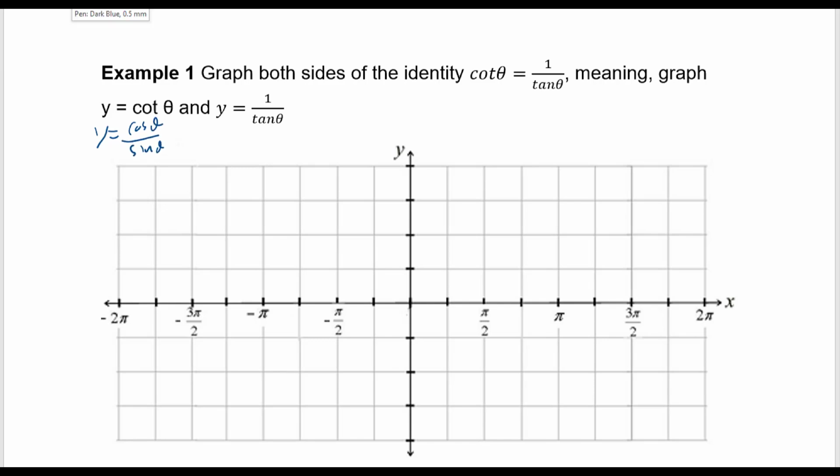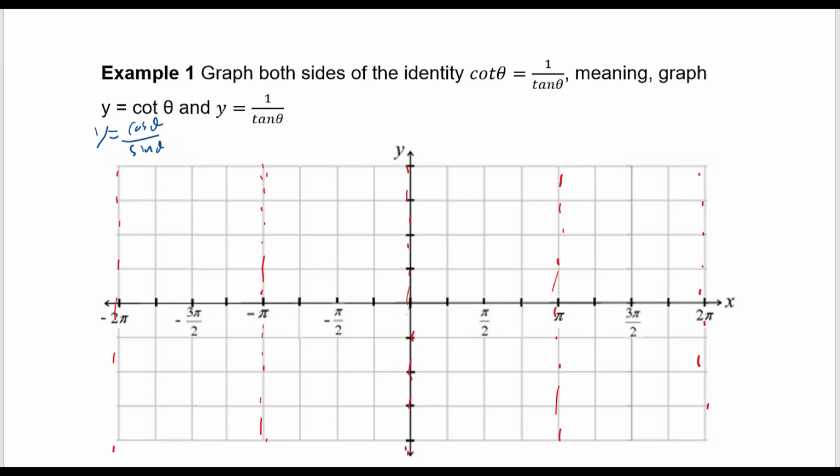So where is sine going to be 0? Sine is 0 at negative pi, 0, pi, and 2 pi. So we're going to have vertical asymptotes at negative pi, 0, pi, and 2 pi.